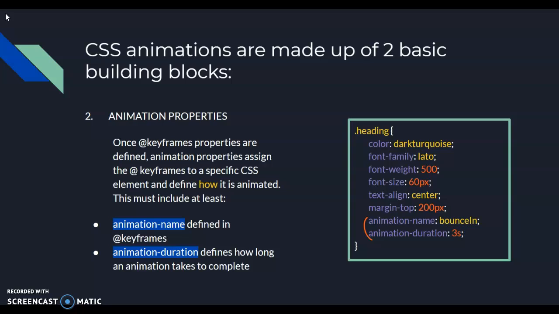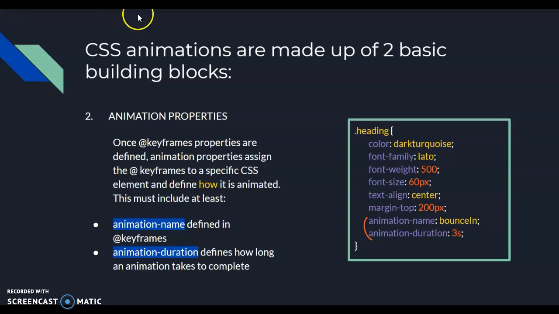And the second one is you must assign the animation duration. The duration defines how long it takes for the animation to complete. This is given in seconds or milliseconds. The default is 0. So if you forget to include this, it will play for 0 seconds, which means it will not play at all.